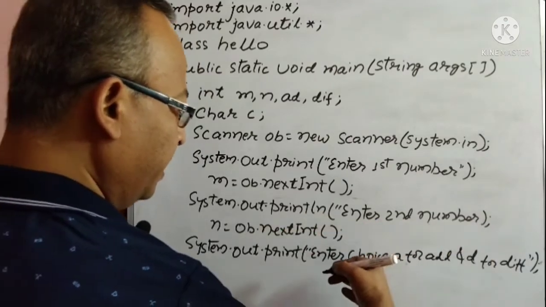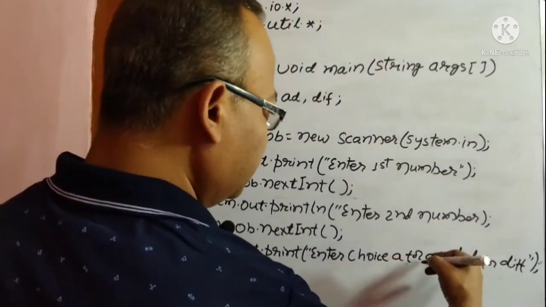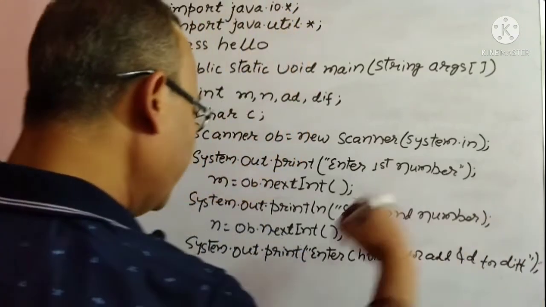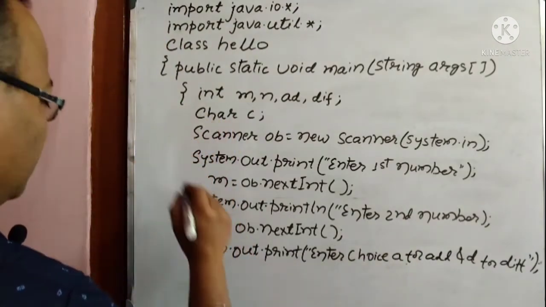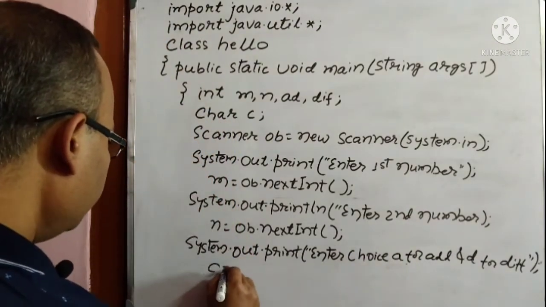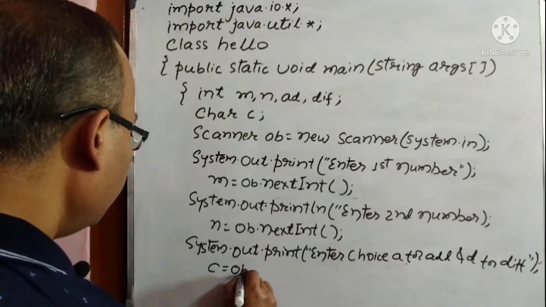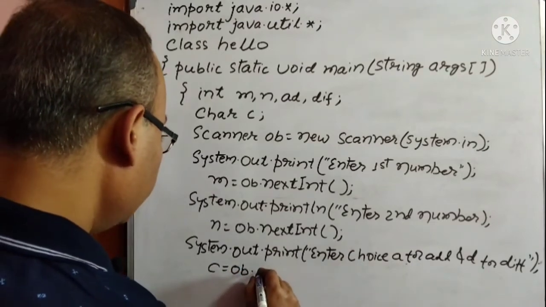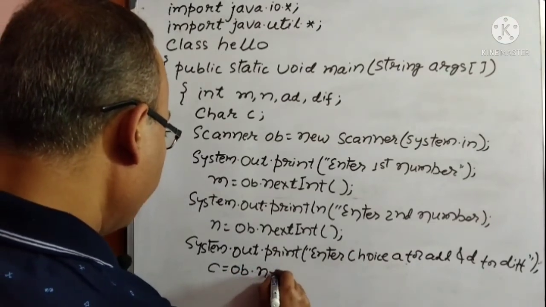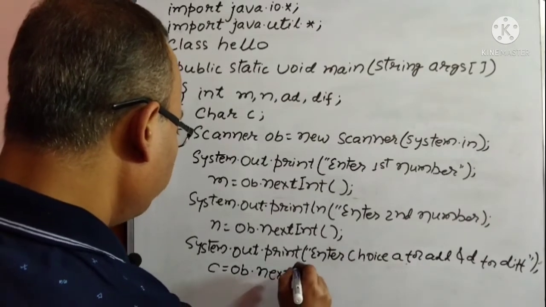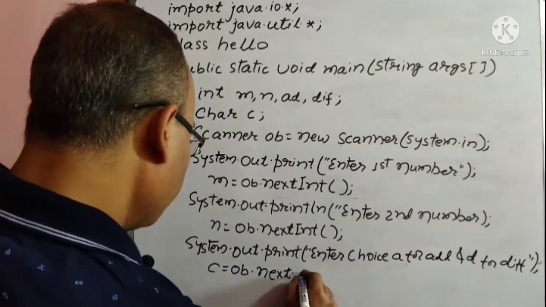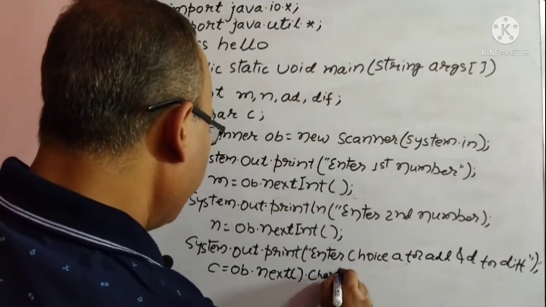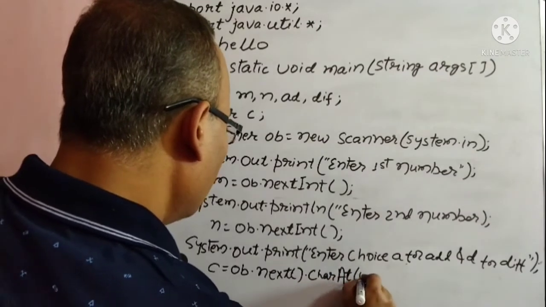So now this thing has been printed during the runtime. So system is showing enter a choice A for addition, either if you want to add enter A, if you want to find the difference enter D. So where will you enter? In the character variable c. So you have to take the entry. So c is equal to how you take with the help of object of the class Scanner, and then the function ob.next(), and how you take entry of a char data type, next, then .charAt(0).